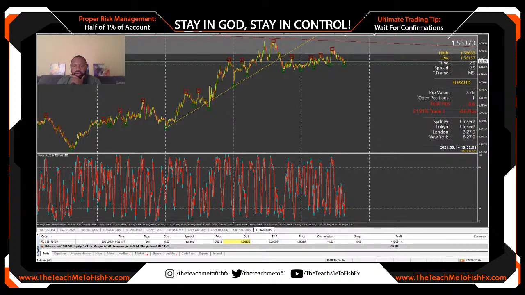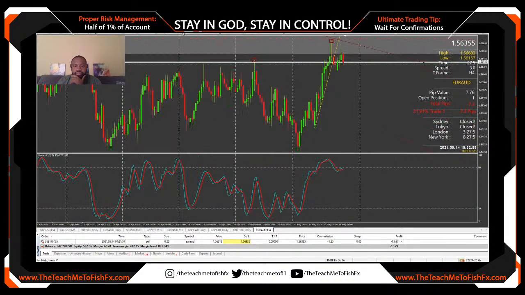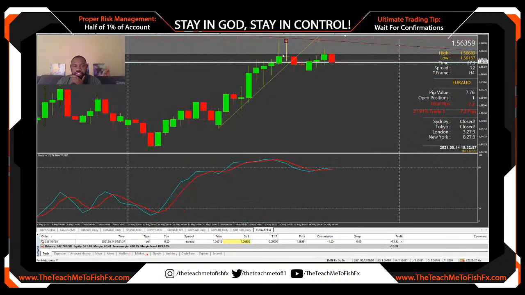I do have my stop loss just above the 4-hour swing right here, this 4-hour exhaustion, 4-hour swing. Stop loss is at about 61 pips.